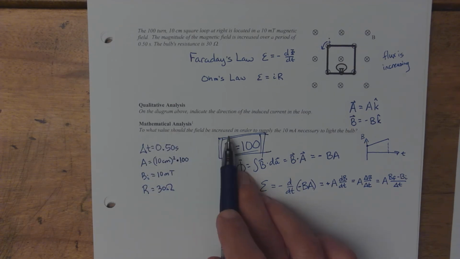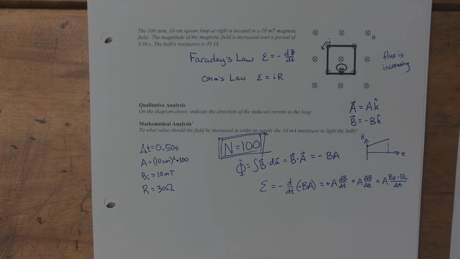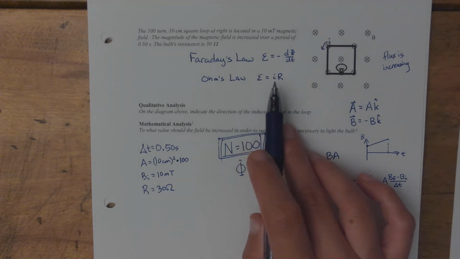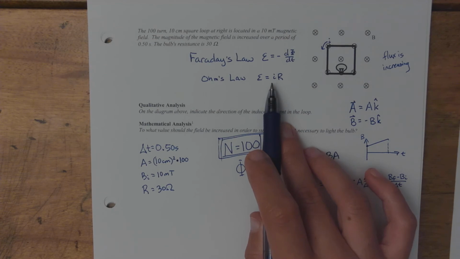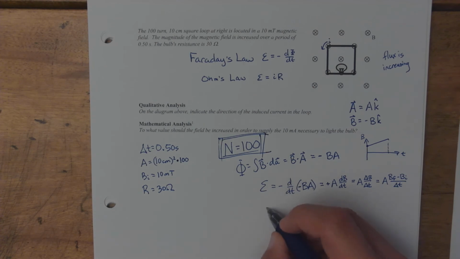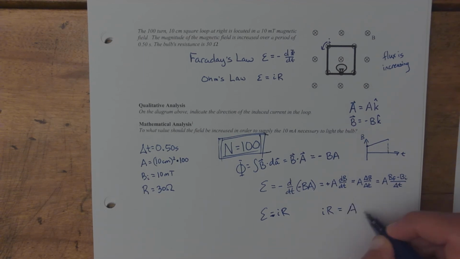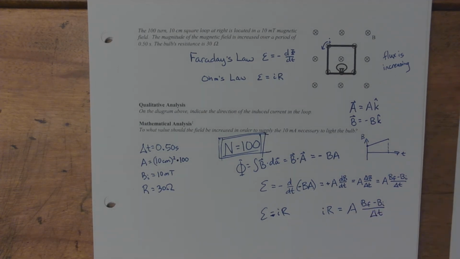To what value should the field be increased in order to supply the 10 milliamps necessary to light the bulb? So now I'm going to use Ohm's law to compare the current with the EMF. I times R must be equal to N A times B final minus B initial over delta T. And then I want to solve for B final.